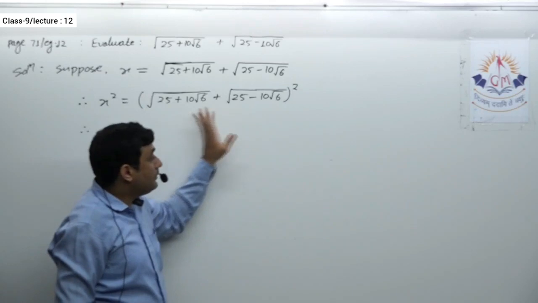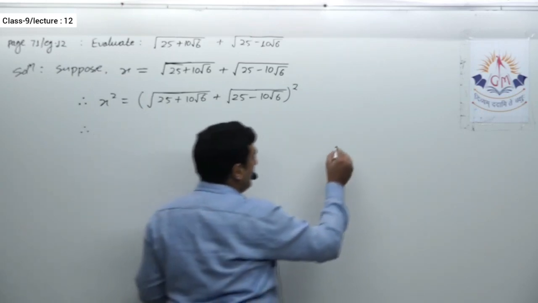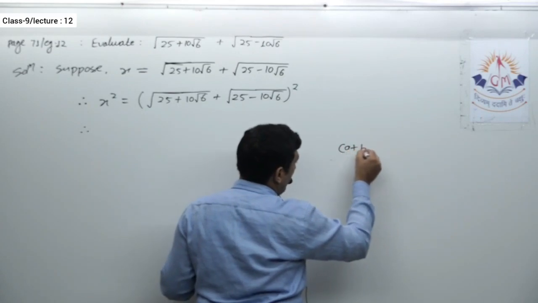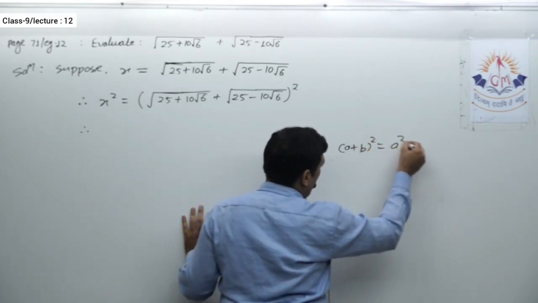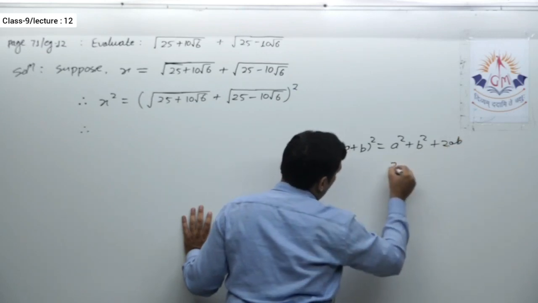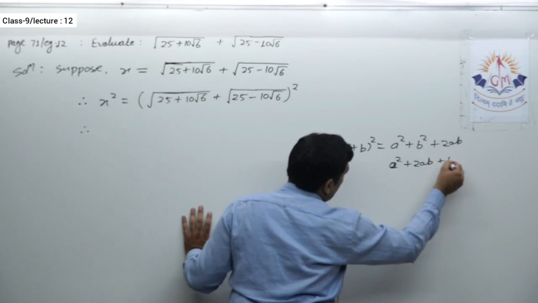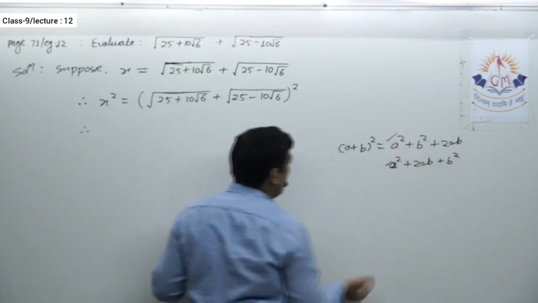So I have to apply the identity of a plus b whole square, which is a square plus b square plus 2ab.